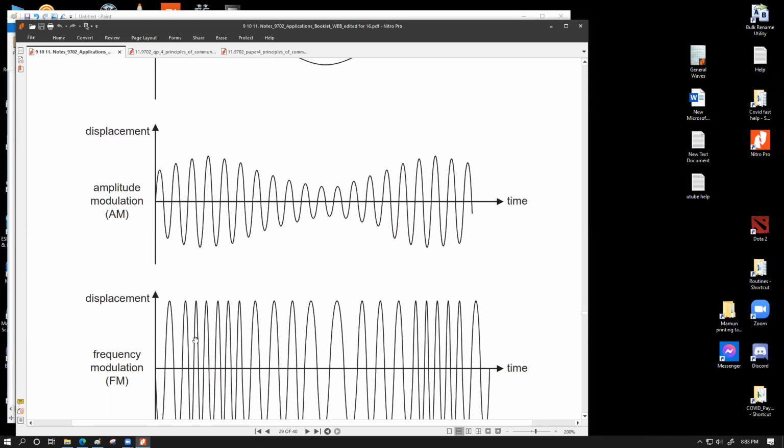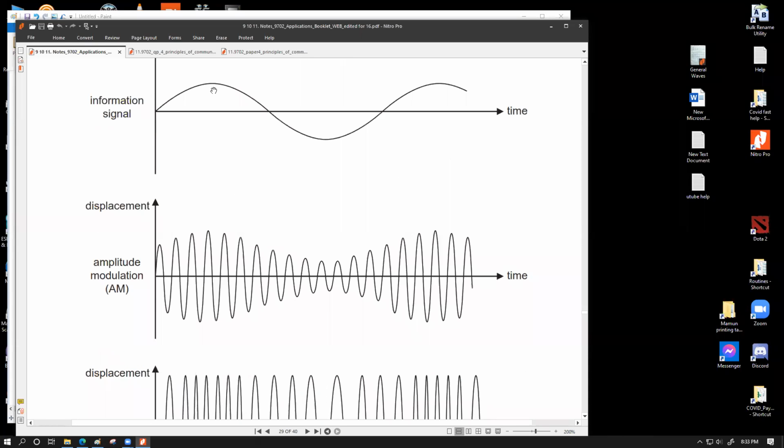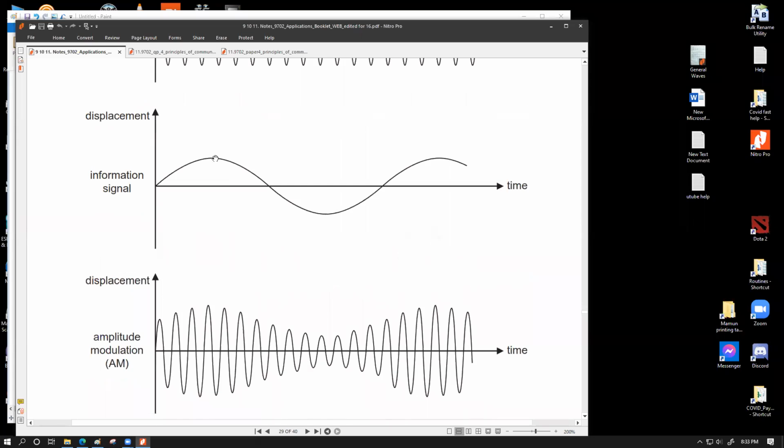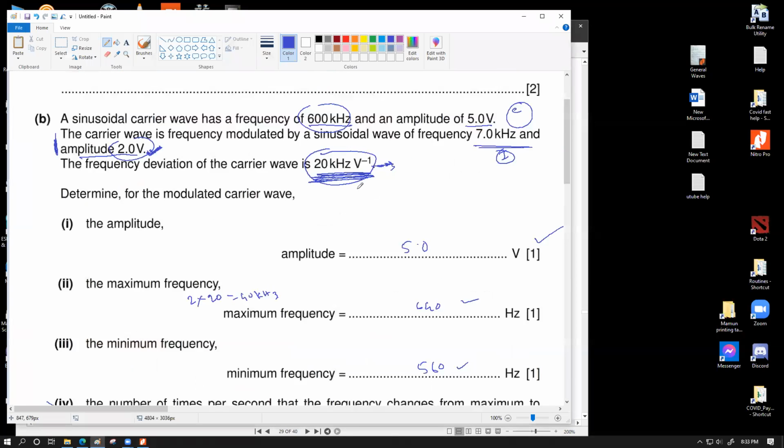So you have to understand that each of these higher frequencies is basically the result of one of those crests. So how many crests do you have in the information signal in 1 second? That is basically the frequency of the information signal, and the frequency of the information signal is how much? 7 kilohertz. Have a look.